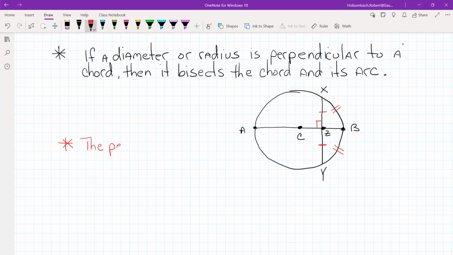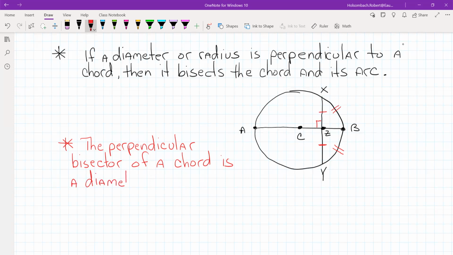The perpendicular bisector of a chord is a diameter or radius.